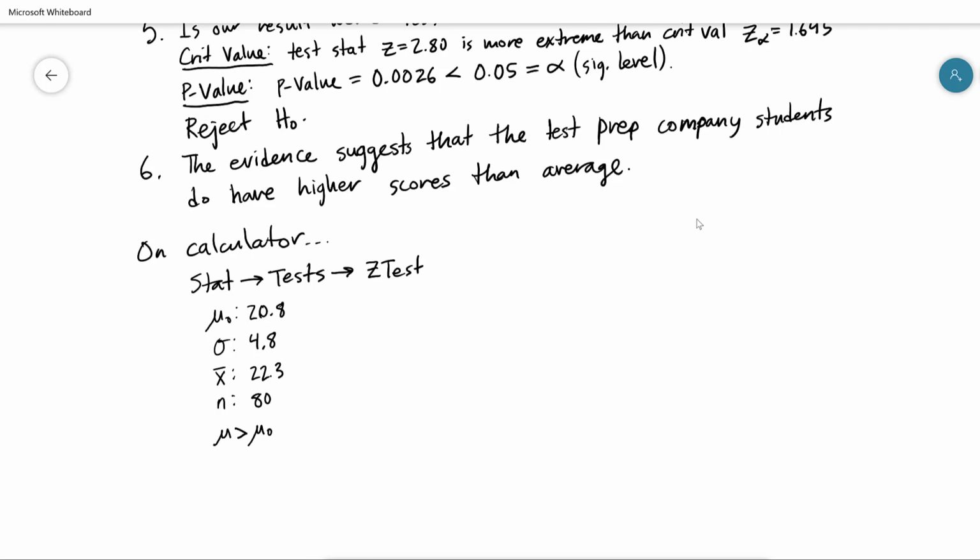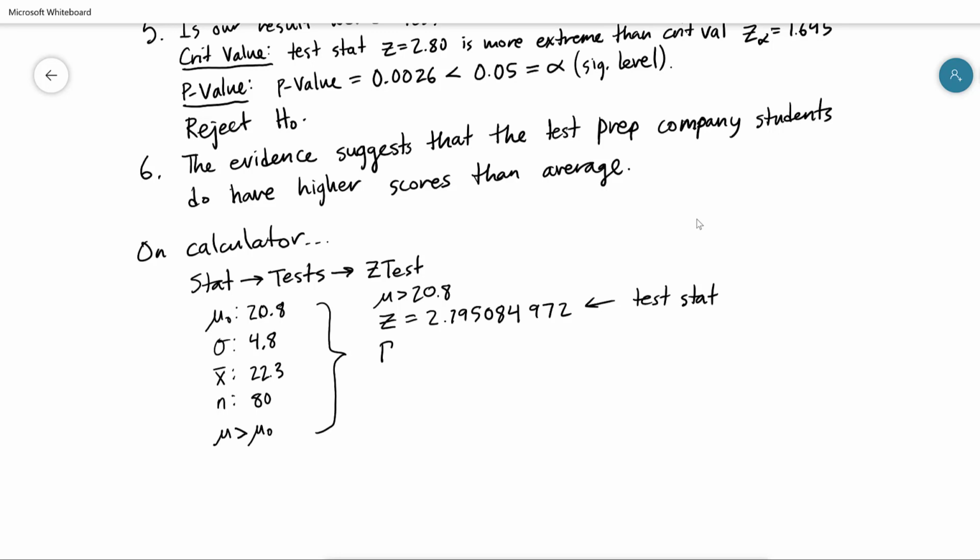It gives us two pieces of information that we can use. First it shows mu greater than 20.8, and then it gives us our test statistic, z equals 2.79508497 whatever. This is the test statistic. It computes it for us.